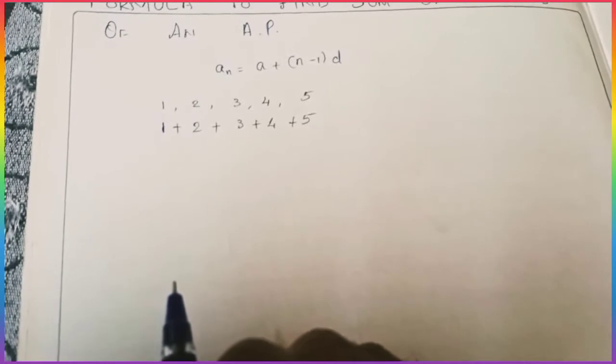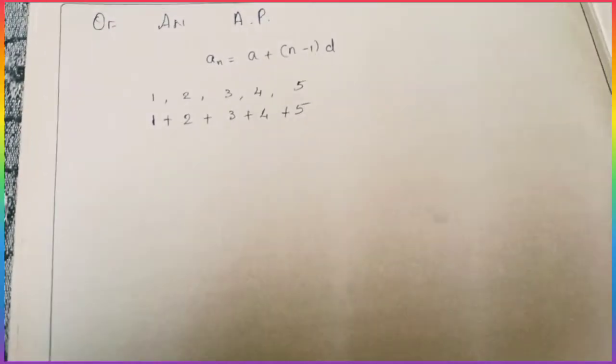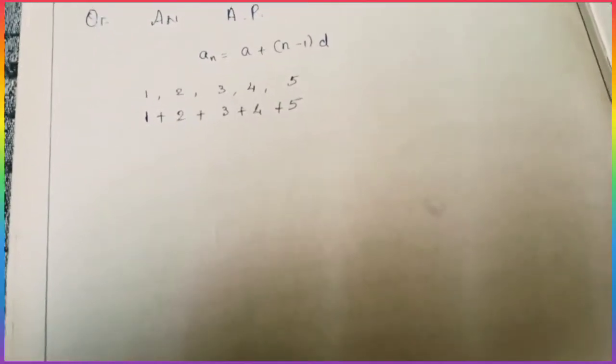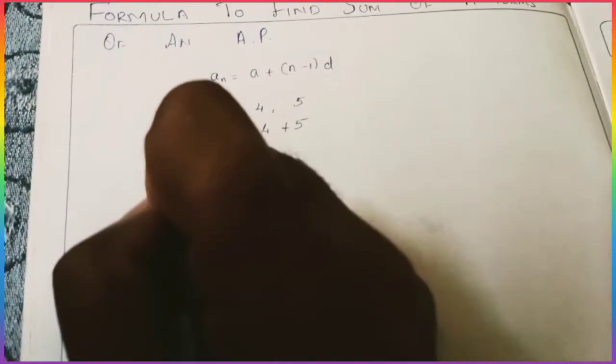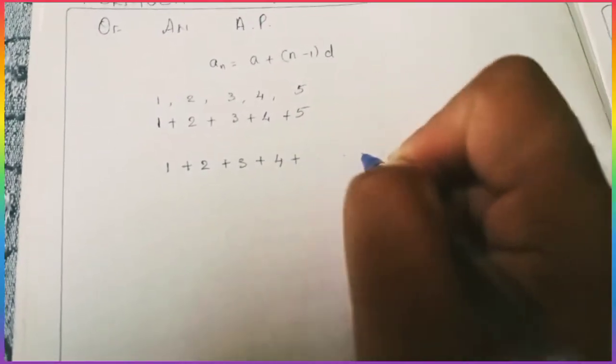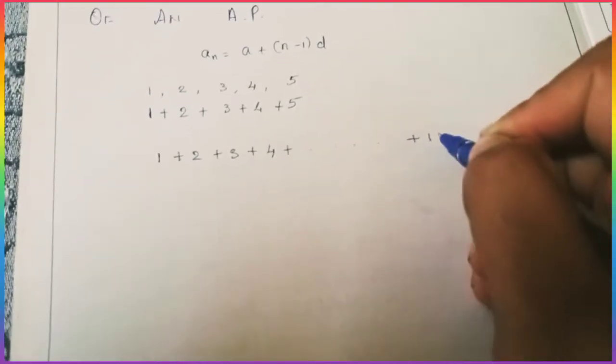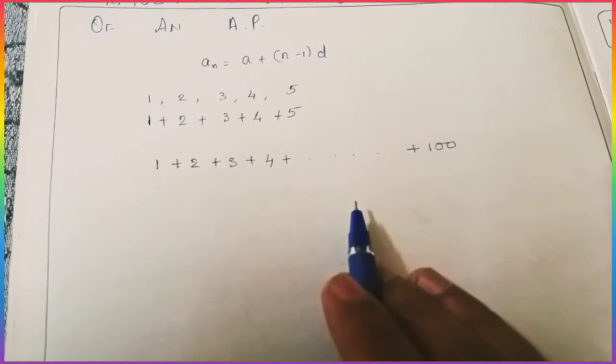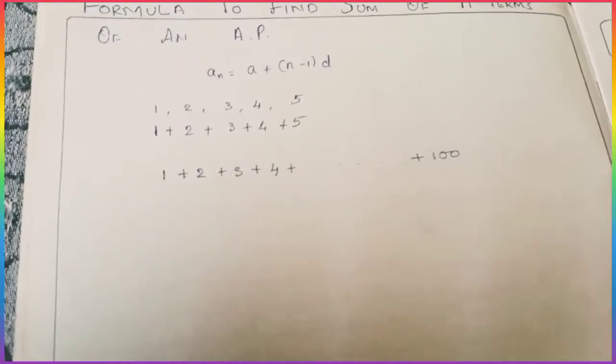Once in a mathematics class, a teacher gave the students a problem with respect to the AP itself. The teacher asked the students to add the natural numbers from 1 to 100 and tell the sum of all these 100 terms.